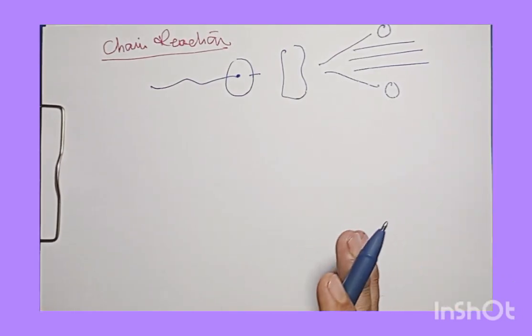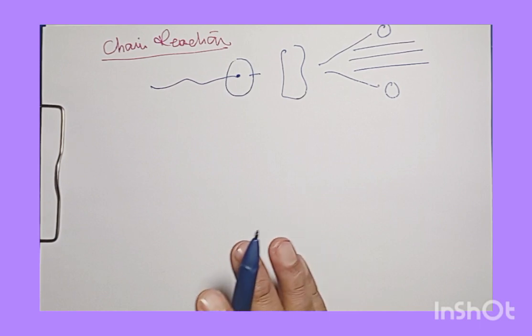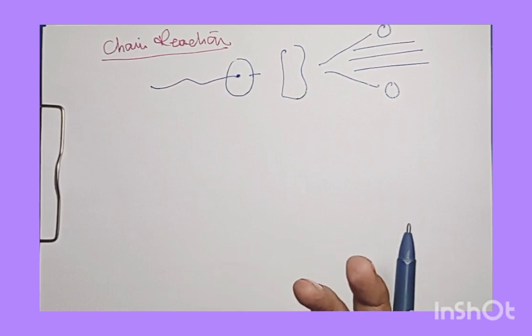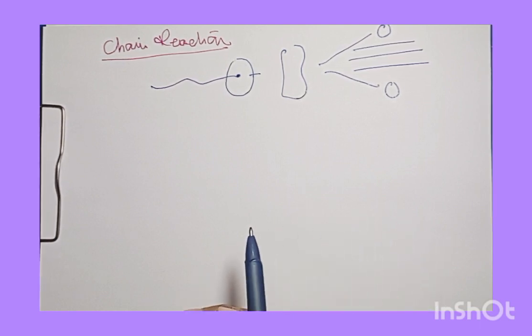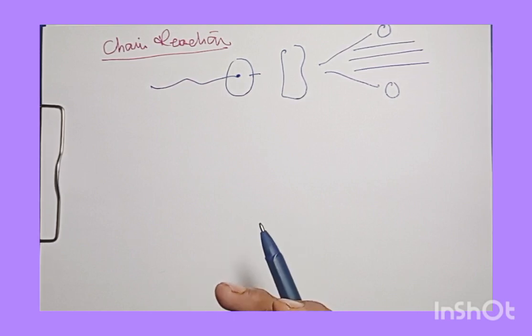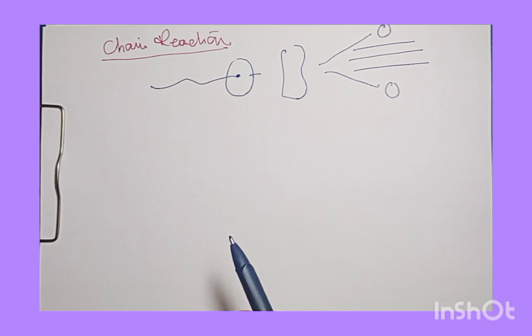So this is what is referred to as nuclear fission: splitting of a parent nucleus into daughter nuclei with the addition of energy and neutrons.